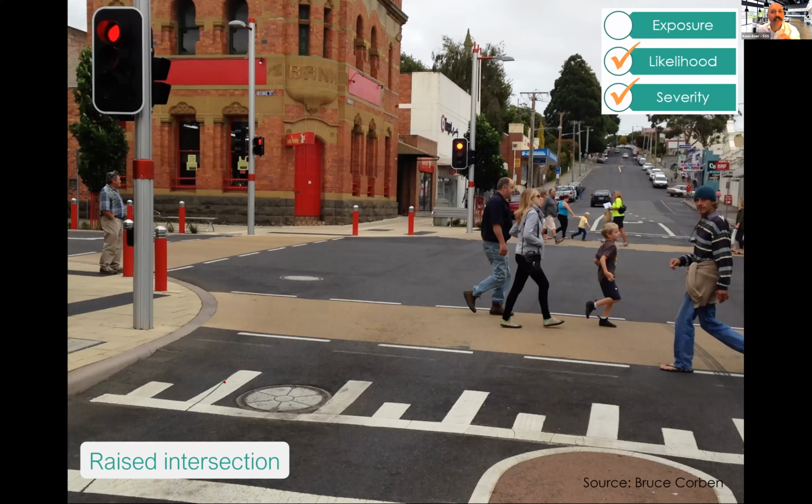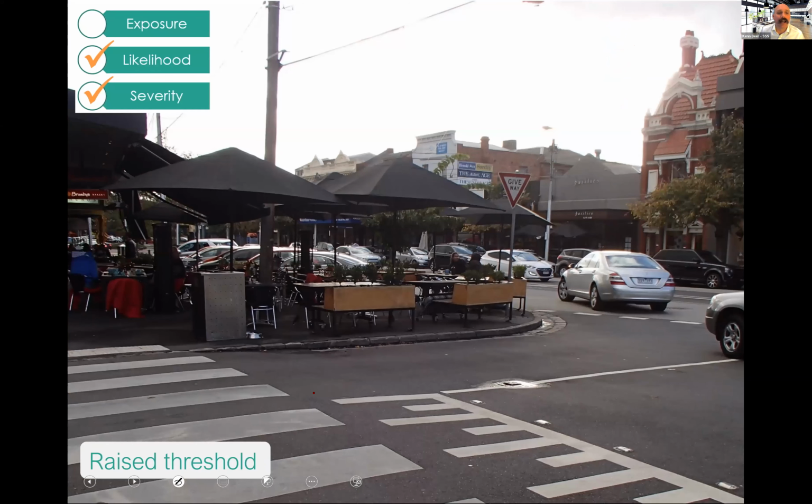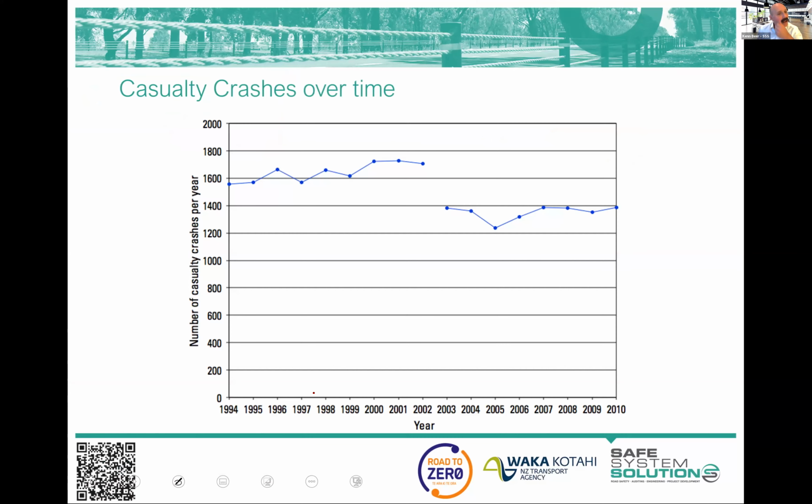Raised intersections, raised crossing points to slow vehicles and improve the likelihood and the severity aspects there. Raised thresholds, again, the crossing point there, slowing vehicles on the turn. Even just regulatory speed limit reductions.